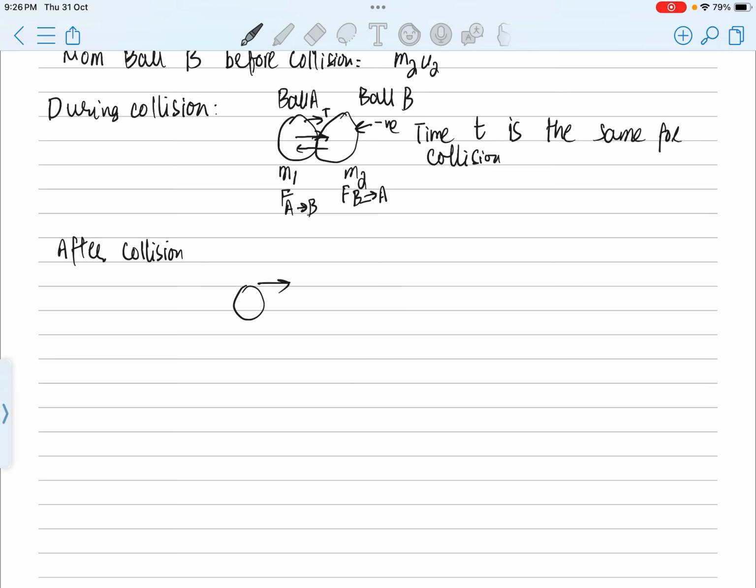After collision, ball A moves with a velocity v1 of mass m1 and ball B moves with velocity v2 of mass m2.